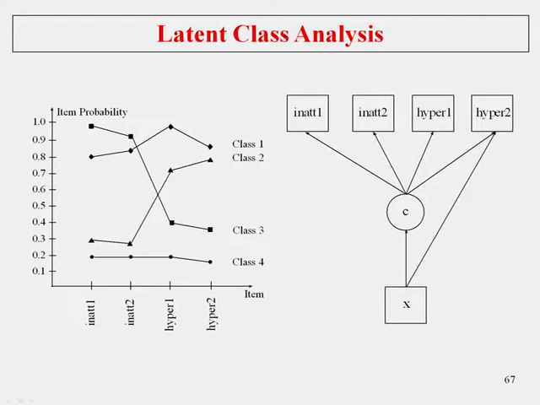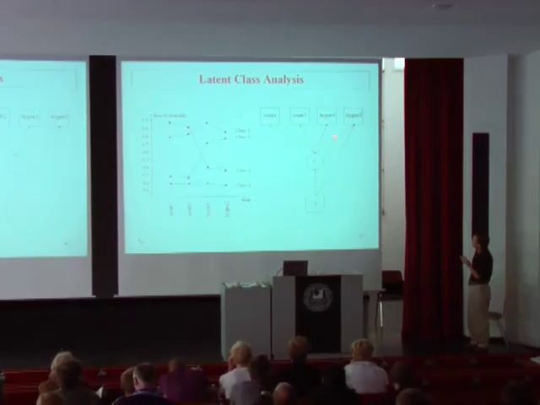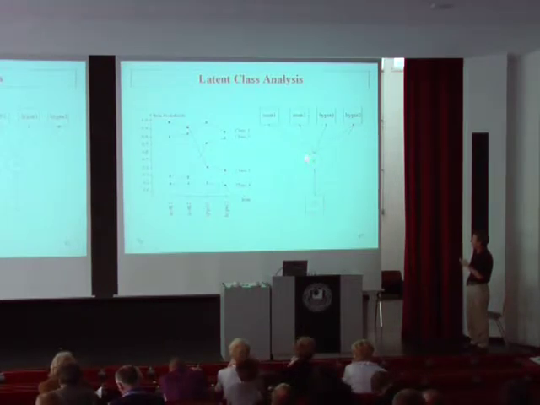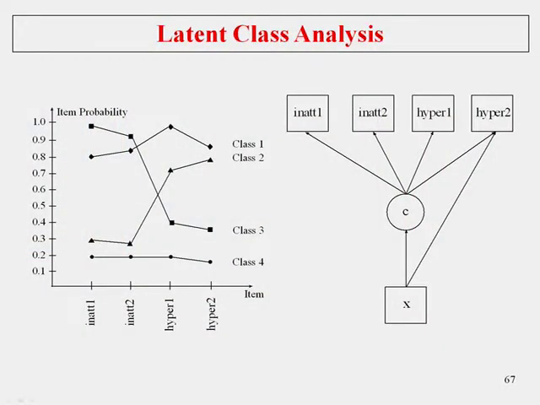So this is the measurement part of the model here that I'm pointing to. Measurement being the relationship between the observed and the latent. And then the structural part has to do with how many people are in the classes. And then you can also ask, what kind of background variables X influence the probability of being in these classes? And this then is a structural part of the model. You have the intercept of C and the regression slopes here. And Linda just alluded to that very briefly.